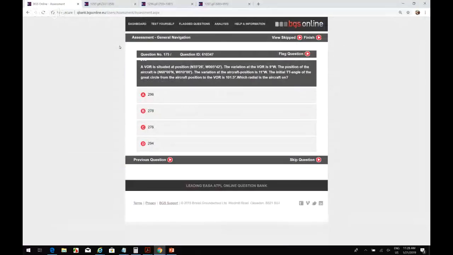A VOR is situated at position 5526 north, 542 west. Variation is 9 west. Position of the aircraft is 60 north, 10 west. The VOR is at 55, the aircraft is at 60, further west.